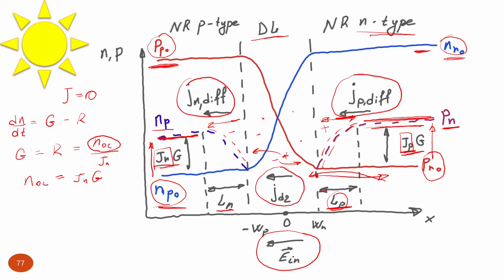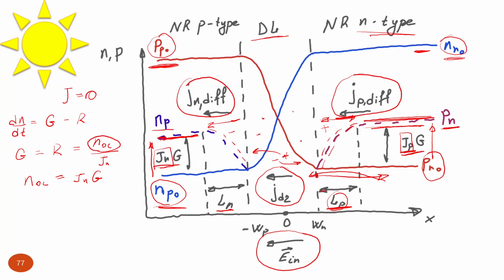Neutral regions, within the thickness of the diffusion length, contribute via diffusion currents, both N and P type, because of diffusion of minority non-equilibrium photogenerated charge carriers. And also the depletion region contributes to this photocurrent via drift current of photogenerated charge carriers. So that is the origin of three components of photocurrent.